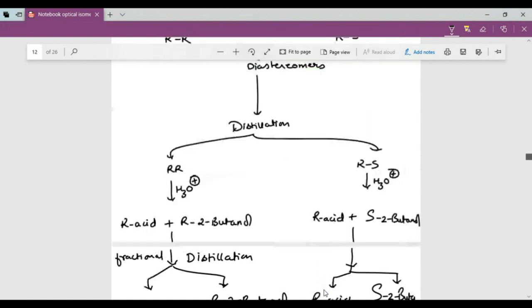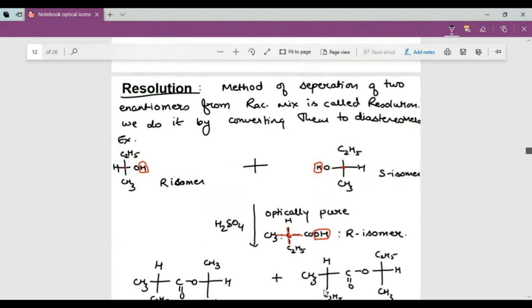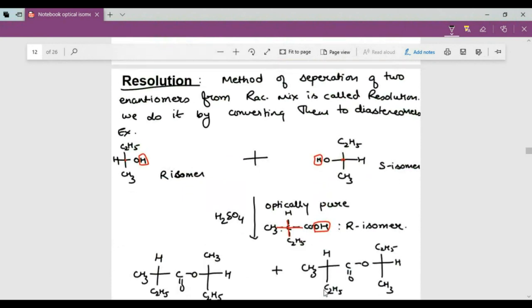So resolution is a method of separation of the two enantiomers from a racemic mixture, and it is relatively very difficult compared to the usual methods. It is because they have the same physical and chemical properties. If they had different properties, it would have been easier, but it is not so.